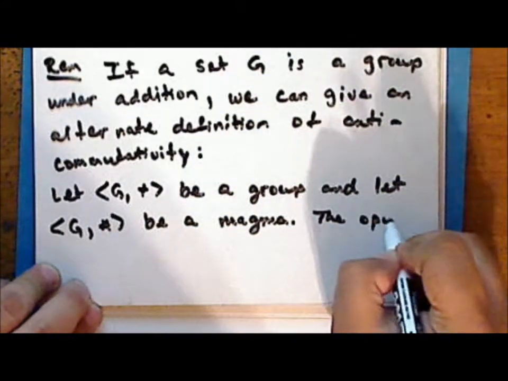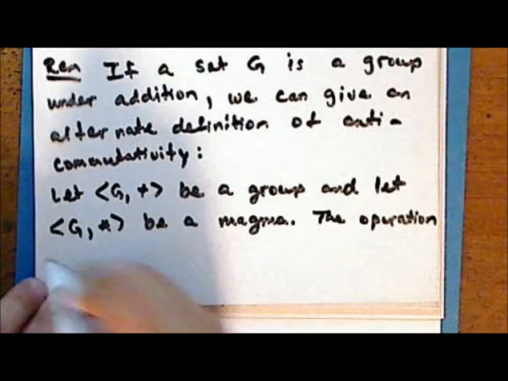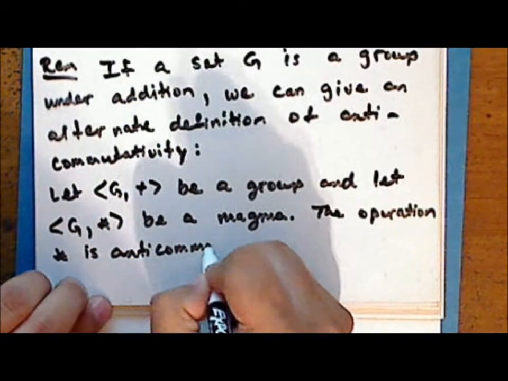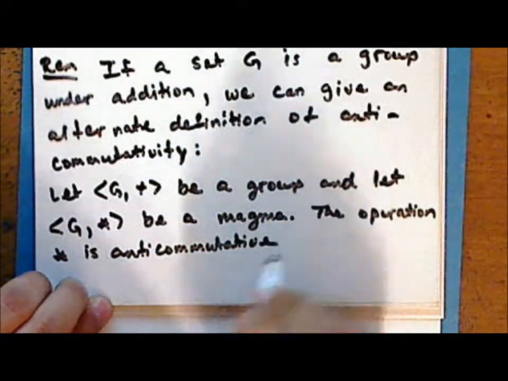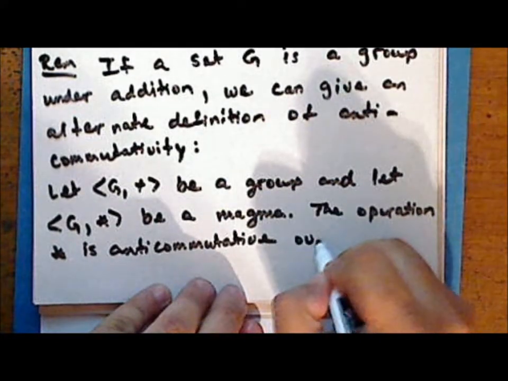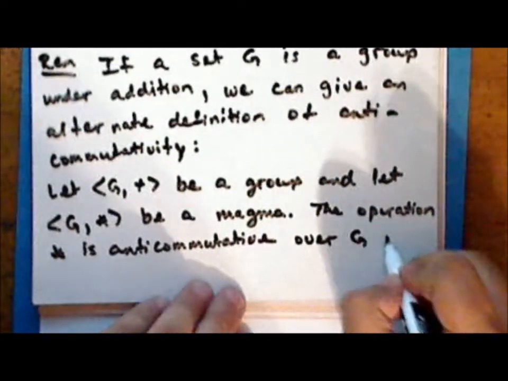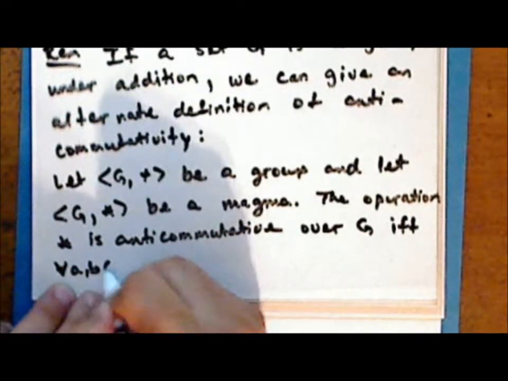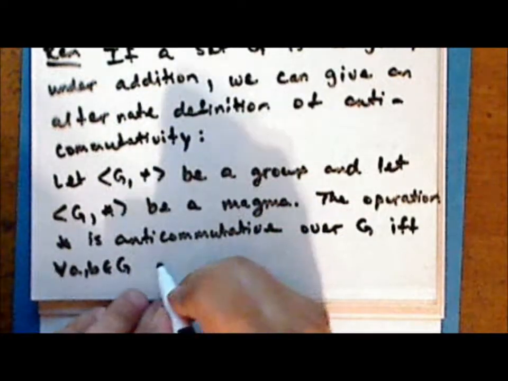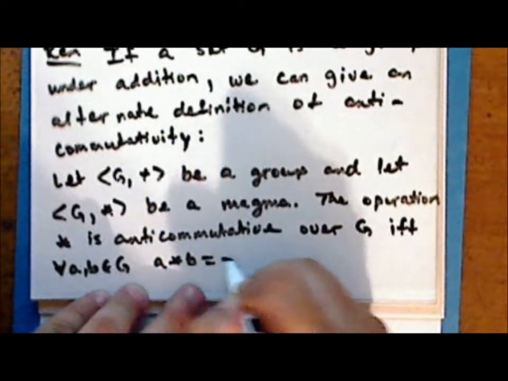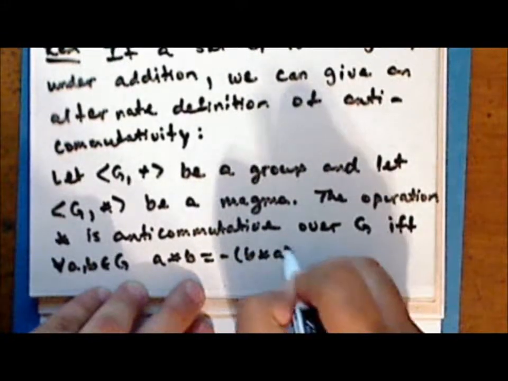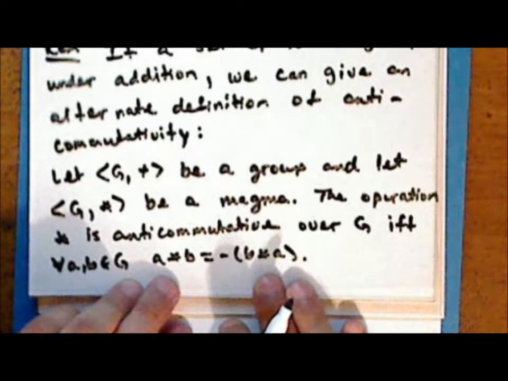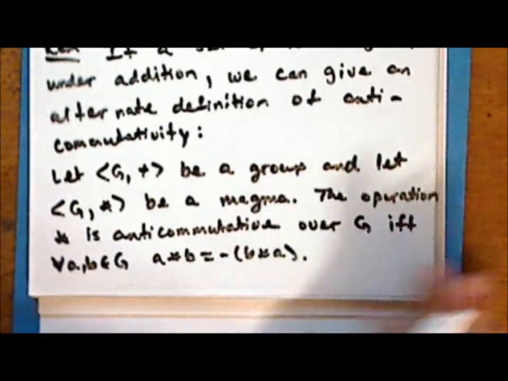The operation star is anti-commutative over the entire set G if and only if for each pair of elements A and B in the underlying set G we have that A star B is equal to the negative of B star A. That is, A star B and B star A are additive inverses of one another.